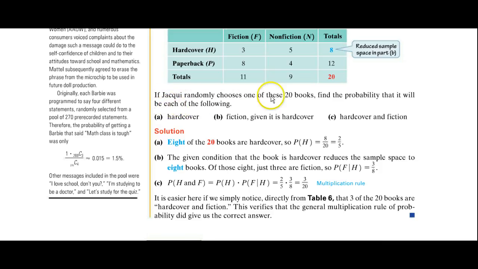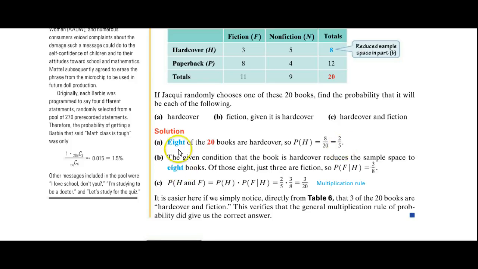If Jackie randomly chooses one of these 20 books, find the probability that it will be each of the following. Hardcover. Well, how many hardcovered books do you have? 8. What is your sample space? 20. So this one's easy. 8 out of 20 reduces to 2 out of 5.